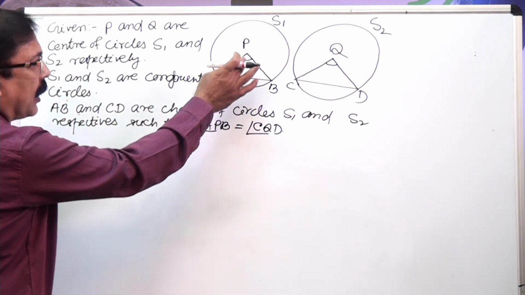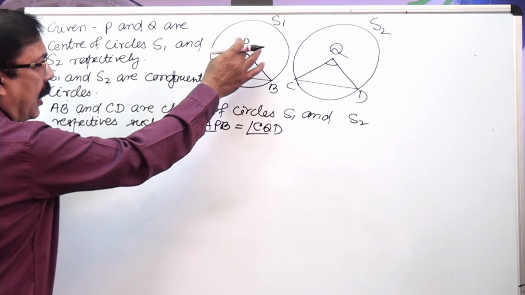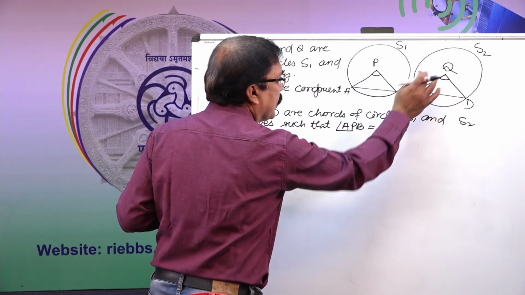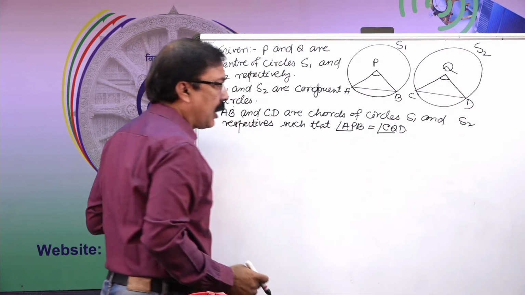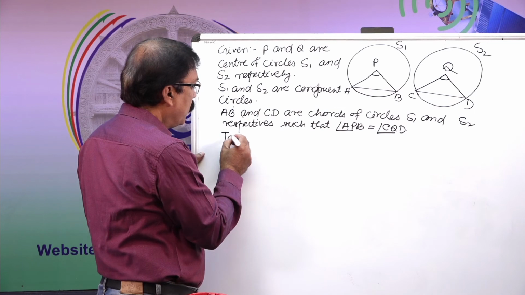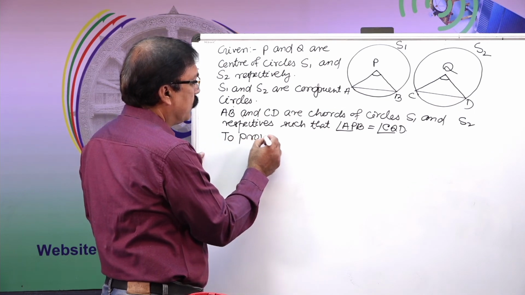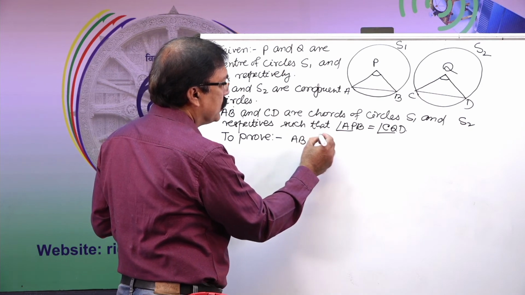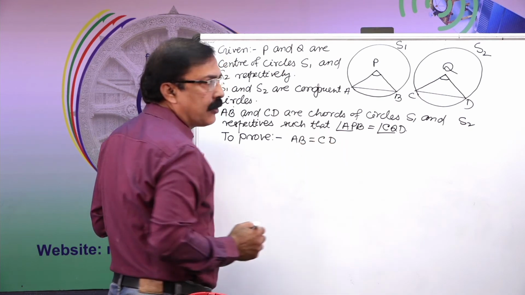AB subtended angle at P, angle APB, and angle subtended by CD at the center Q is angle CQD. These two are equal. So what to prove? We have to prove that AB chord is equal to CD chord.